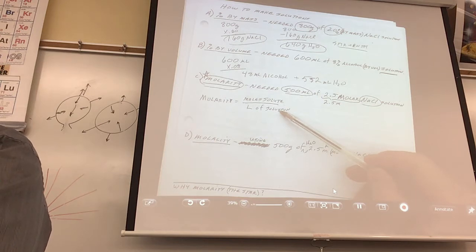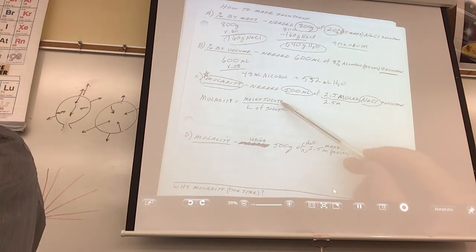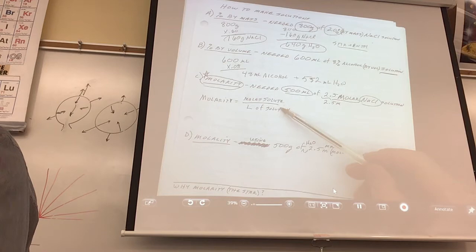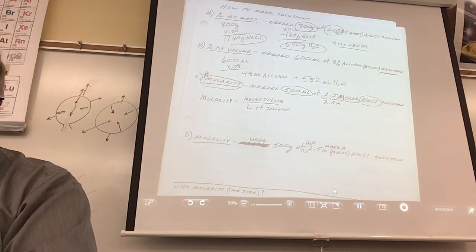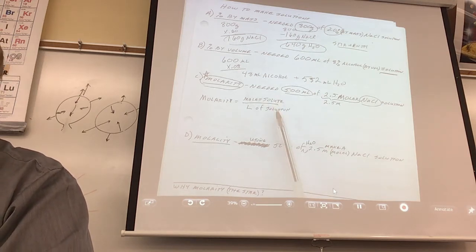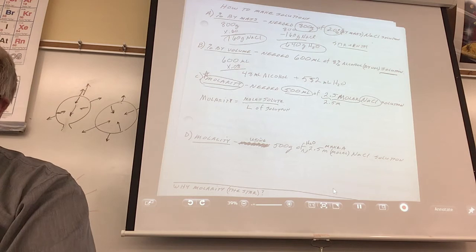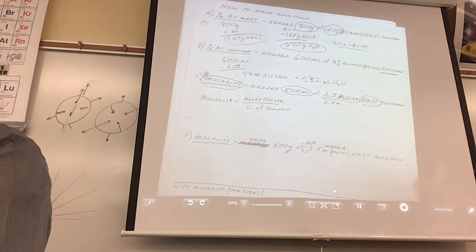I'm going to change the milliliters to liters. And then the trickiest one of all, they'll give you grams of solute and milliliters of solution. And they act like you'll be able to do it, won't you? If you give me moles and liters of solution, I will find molarity. All right, so let's try it.